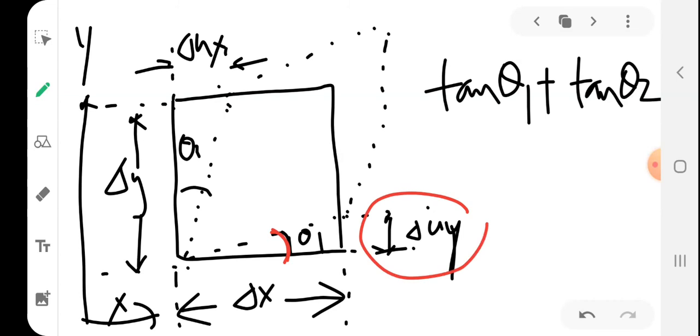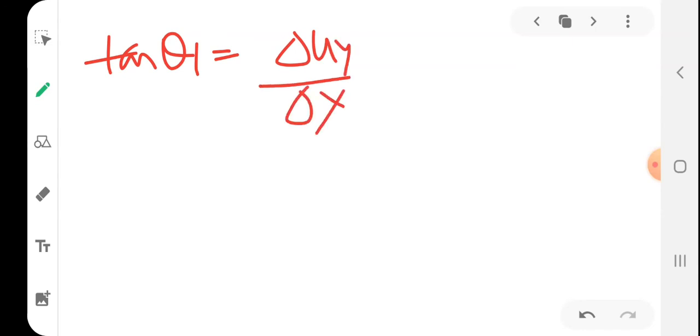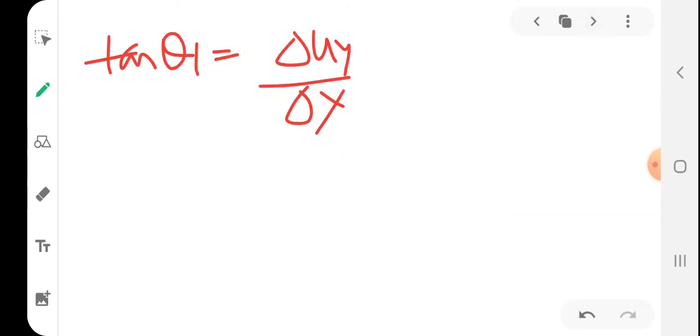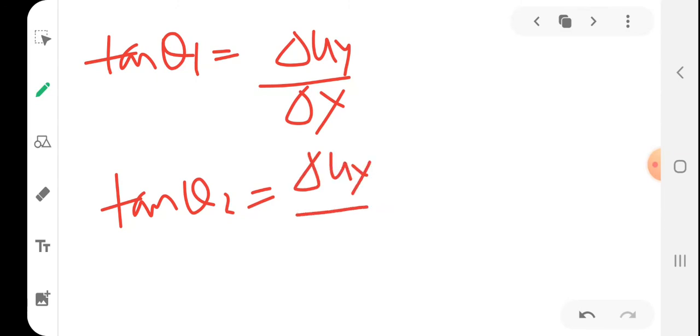Theta 1 is opposite side by adjacent side, so tan theta 1 is nothing but the opposite side delta uy by delta x. Similarly, tan theta 2 is the opposite side by adjacent side, delta ux by delta y. This is delta x.